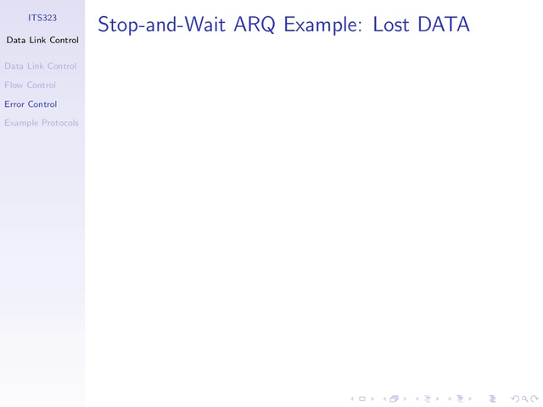It should be large enough that it gives B the opportunity to respond with an ACK. As we see here, the data was successfully delivered, the ACK came back, which took this amount of time. The timeout period should be larger than this amount of time.